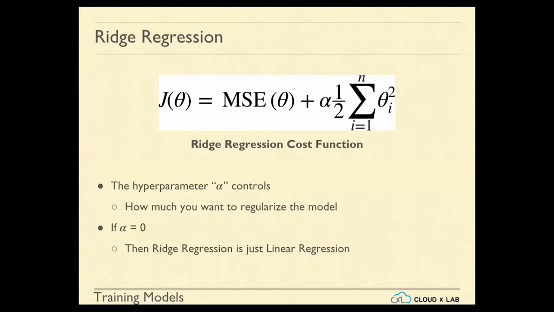The more degrees of freedom the algorithm has, the more will be its overfitting, right? So we are telling the model to keep the thetas as close to zero as possible.